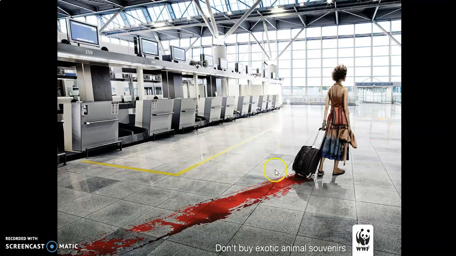Here we see the lady dragging the suitcase and a trail of blood. Don't buy exotic animal souvenirs. So immediately your attention is on the bag, what's in the bag, and then when you look at the slogan, you can see what they are campaigning against. So if we look at IDA, immediately it grabs our attention, we see the blood.